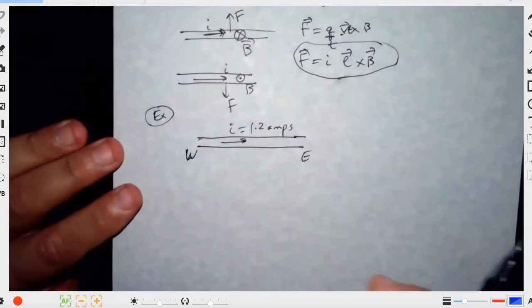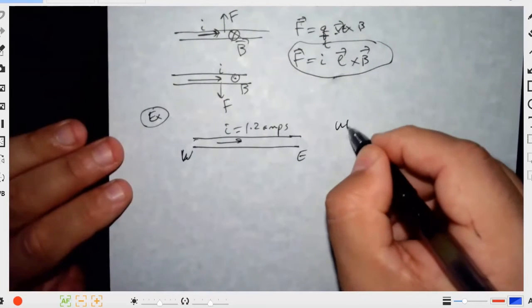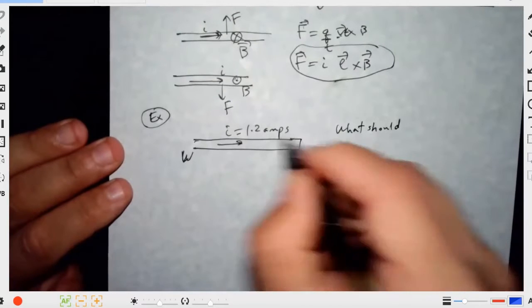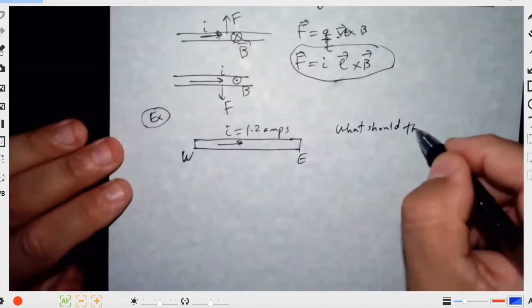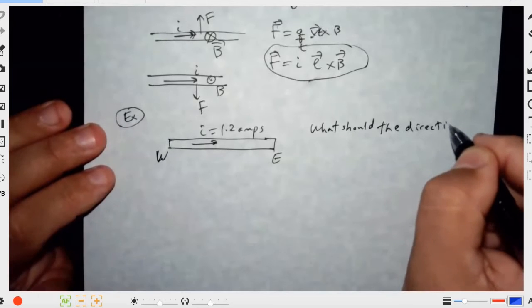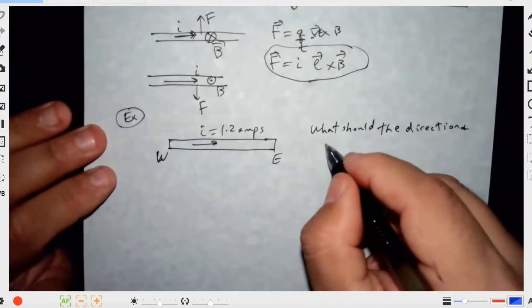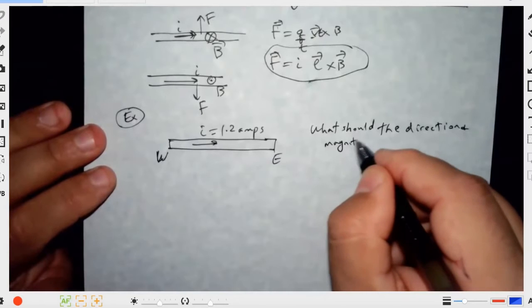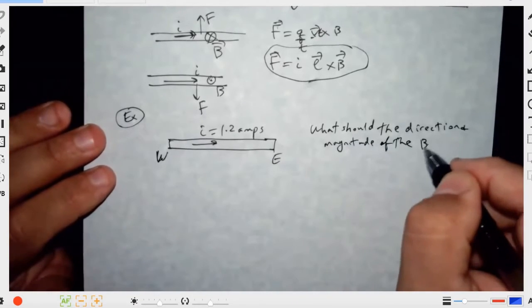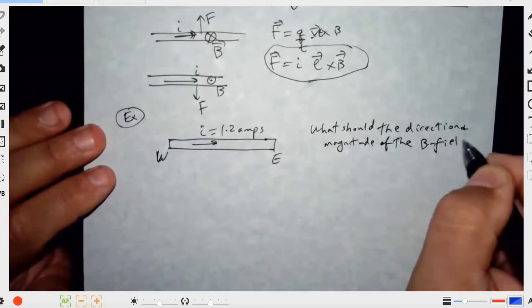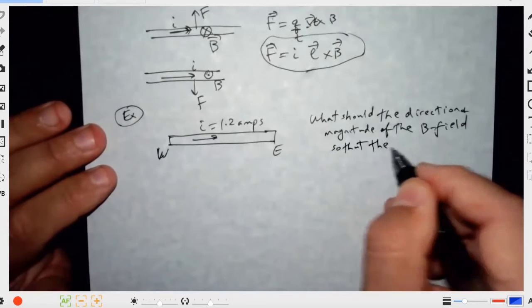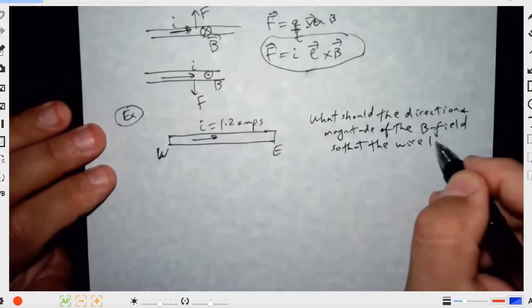So what should the direction and magnitude of the B field be so that the wire levitates?